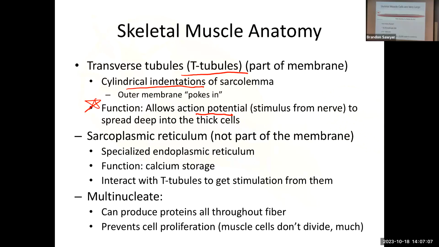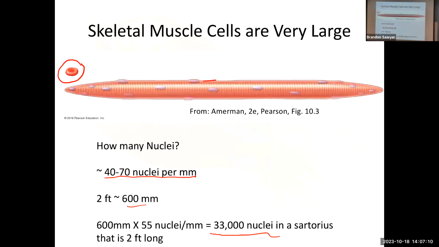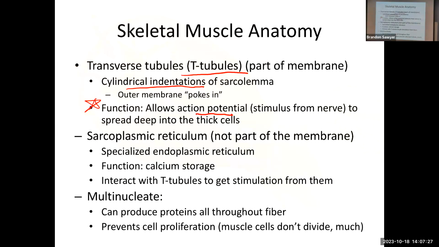Because if we've got this big old muscle cell like this, and the nerve signal is just stuck up there on the top, it would never really interact with the deeper parts of the cell. So those T-tubules allow that nerve signal to dive deep into the cell and interact with the structures on the inside. And we'll talk about why it needs to do that next time. So that's the T-tubules.